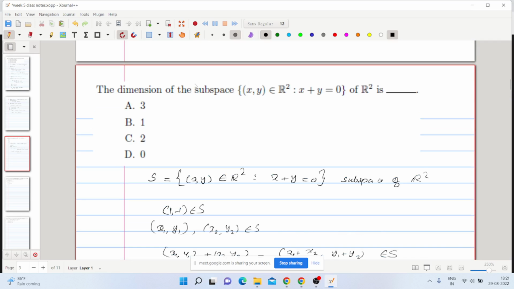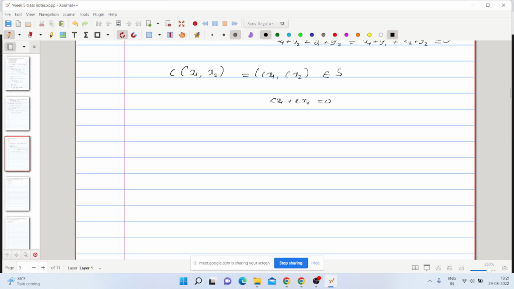Now we need to find the dimension of the subspace. What we got is S is a subspace of R2.